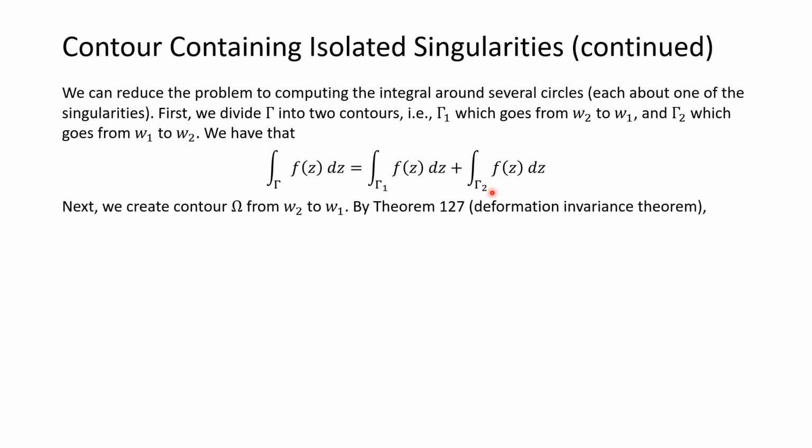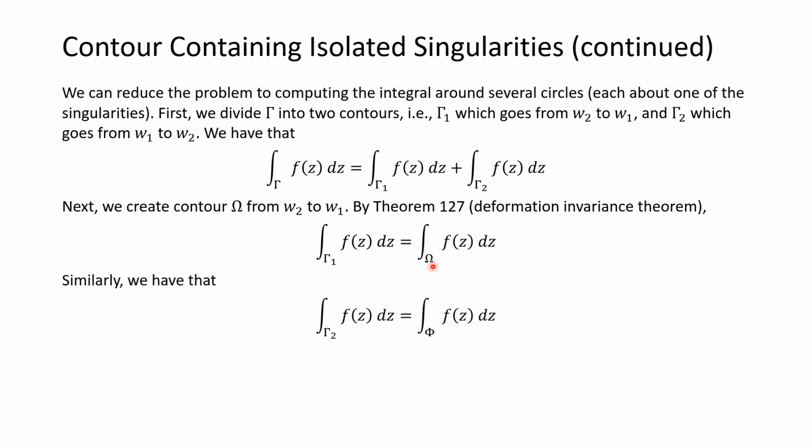And then for gamma sub 1, we use the deformation invariance theorem to find an alternate contour, which we called omega, and that was consisting of several subcontours, smooth curves.